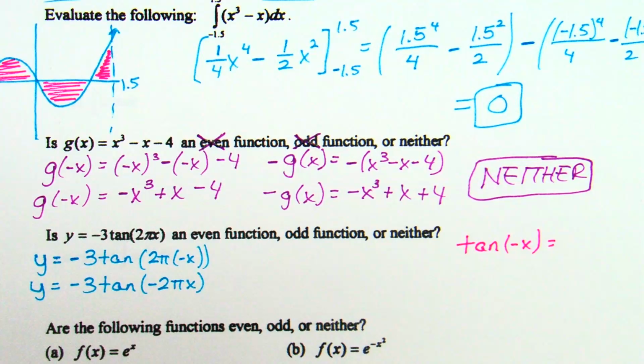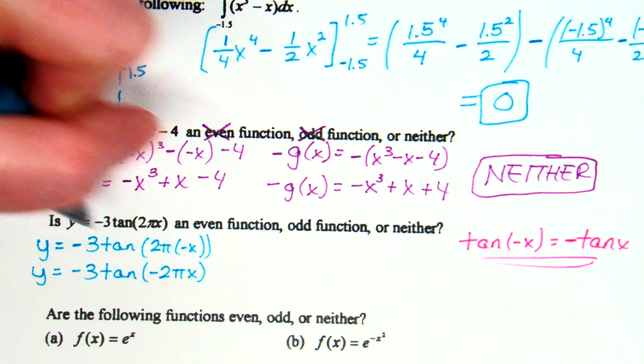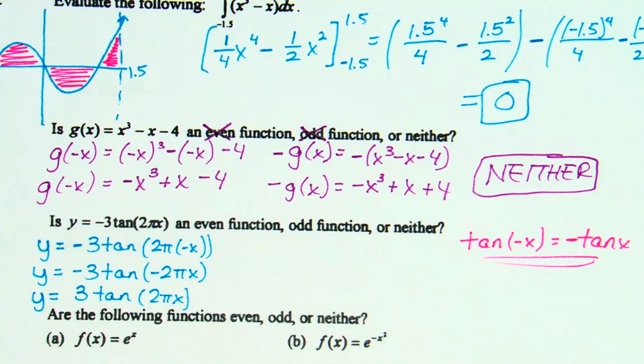Just a given rule there. So, if this is negative 2 pi x, what does that mean? Take that negative out front, and that negative out front times the already negative out there is going to make a positive. So this becomes 3 tangent 2 pi x.